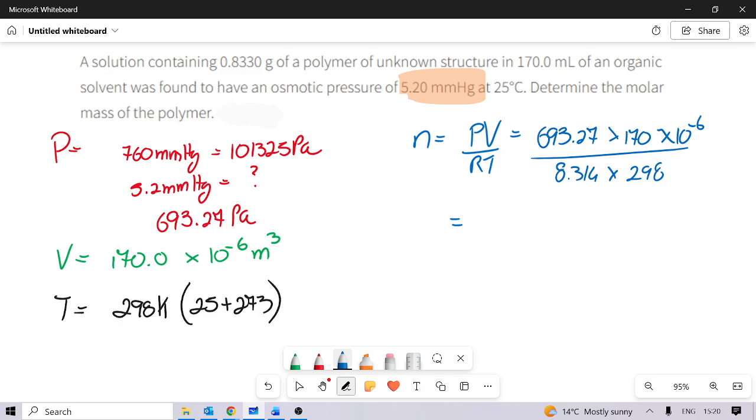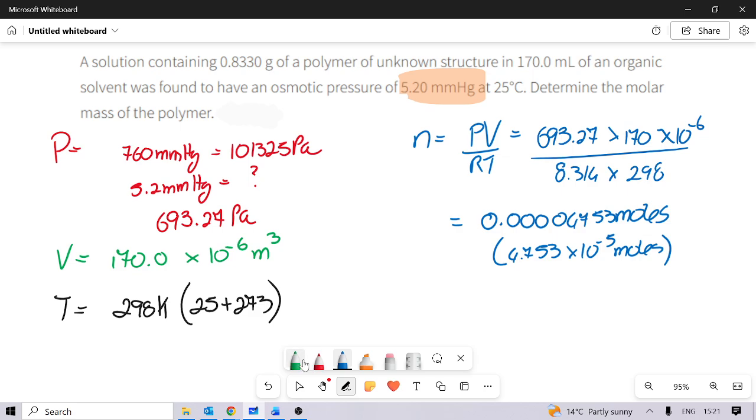When we do this, we're going to find that it is going to be 0.0000473 moles, or 4.753 times 10 to the minus 5 moles.